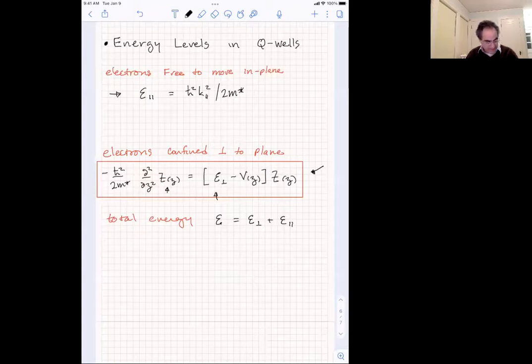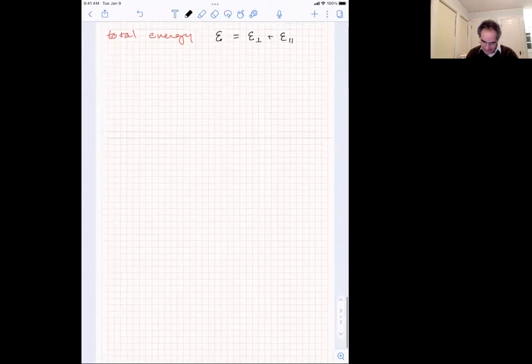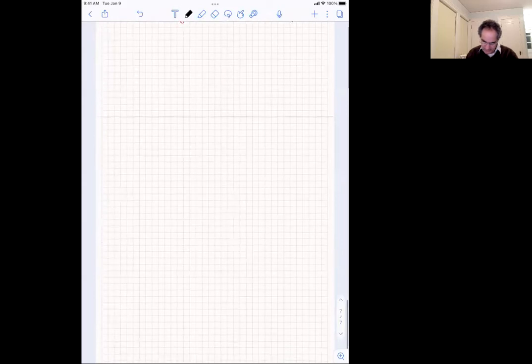So here, let's take a look at an example. Let's suppose that we have a one-dimensional confining potential such that the potential energy in the z direction is just our old standby, the infinite well potential. Okay?